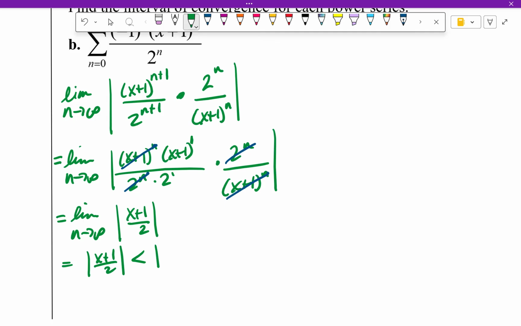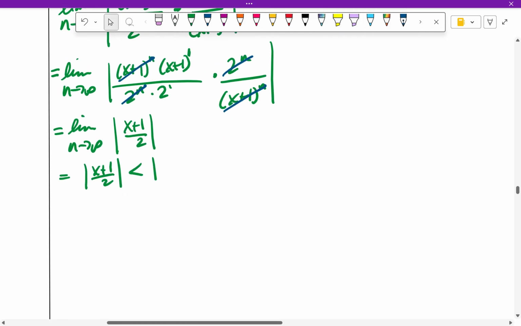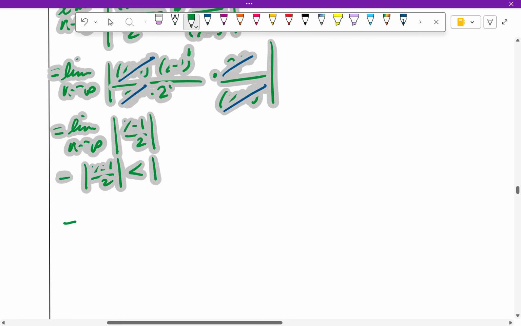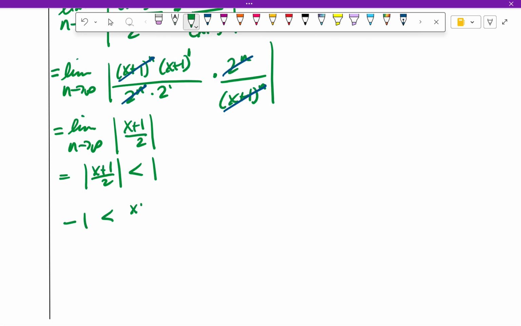Okay, if you got that far, great. If you got a little further, even better. All right, so in order to split that up, what do I have to do? Negative 1 less than (x plus 1) over 2 less than 1. Yep. Remember, when you're solving this piece, you have to treat it like it's two equations. Whatever I do, I have to do to the less than and to the greater than side.